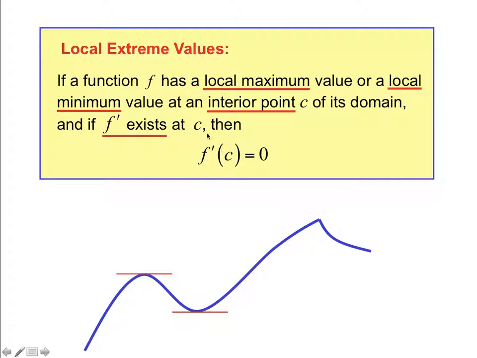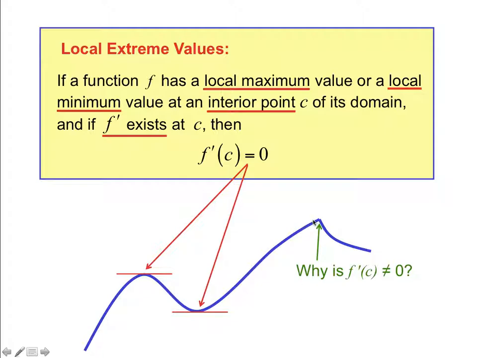So if we take a look at all this wording in total, it says if a function f has a hill or a valley at an interior point, and if the derivative exists, then the derivative is 0. So that's kind of what we're saying here. Here's a hill, here's a valley. The derivative does exist, and so those are 0.